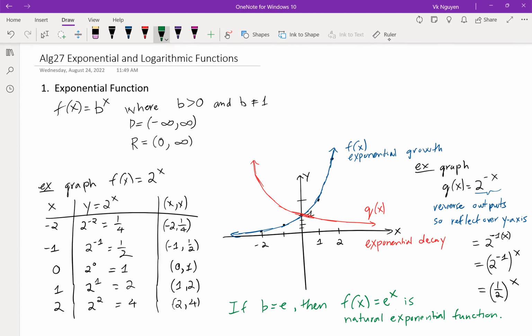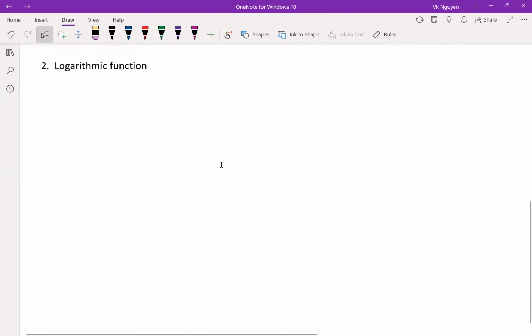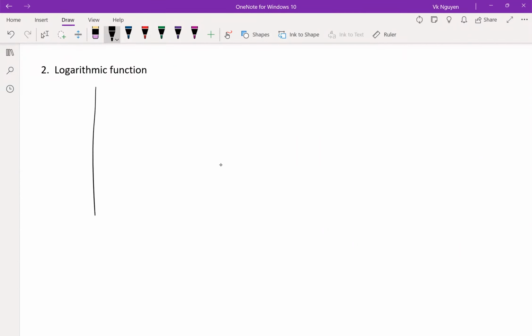Now let us move on to the logarithmic function. In order to study the logarithmic function, we first take a look at the exponential function.